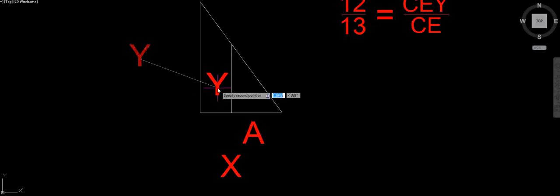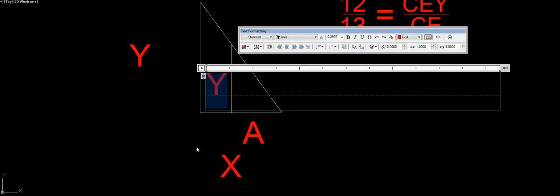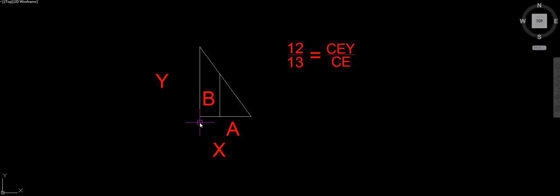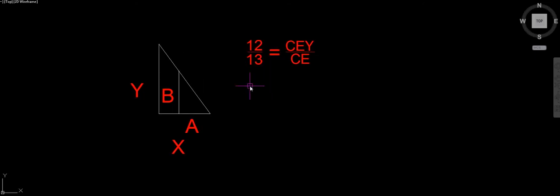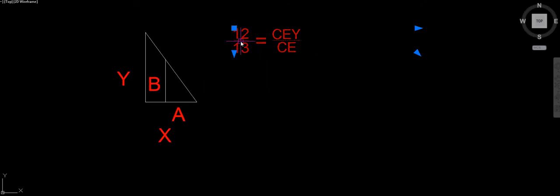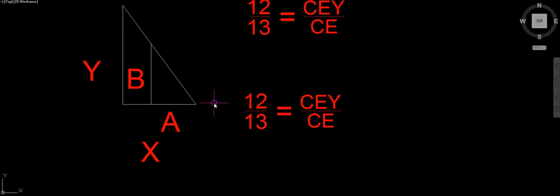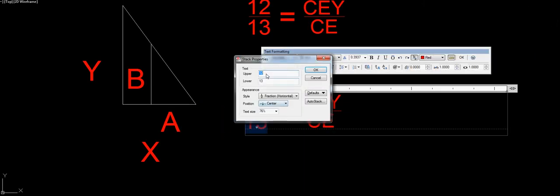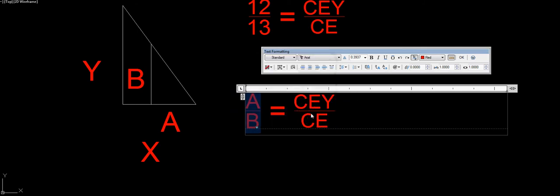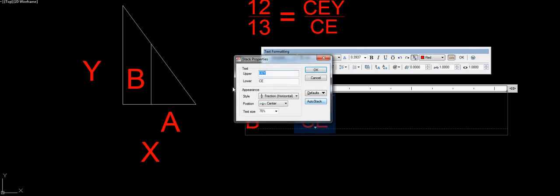And let's say over here I've got B. Now, where this is coming from is the method of similar triangles states that A divided by B is the same as saying X divided by Y.